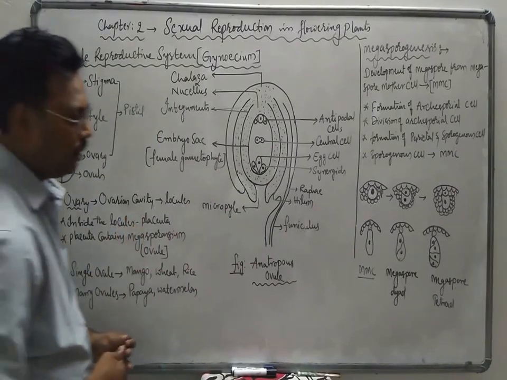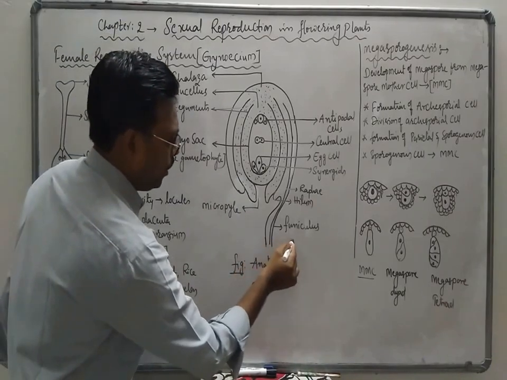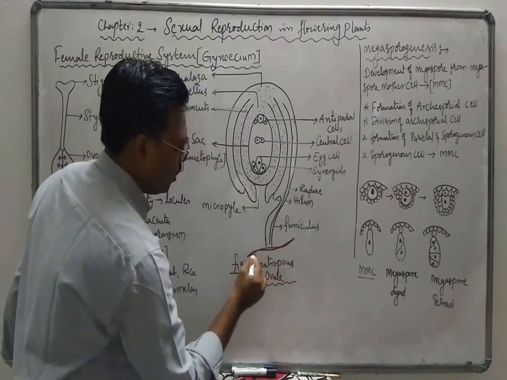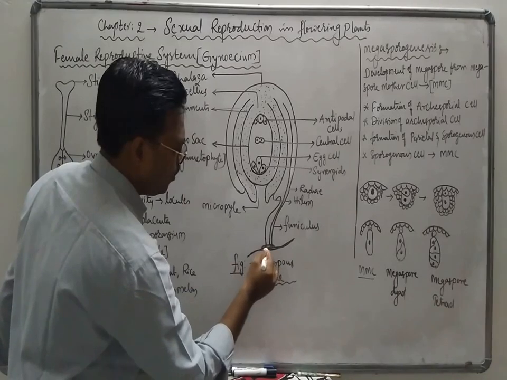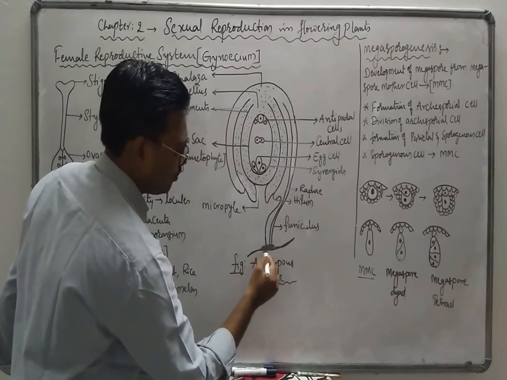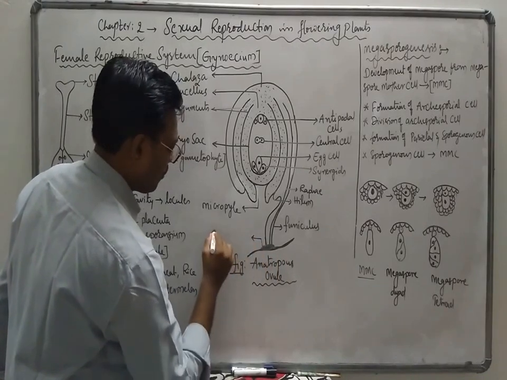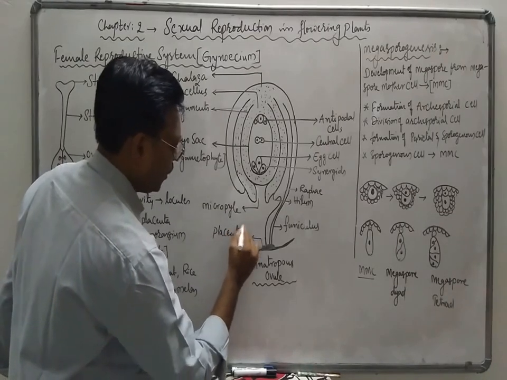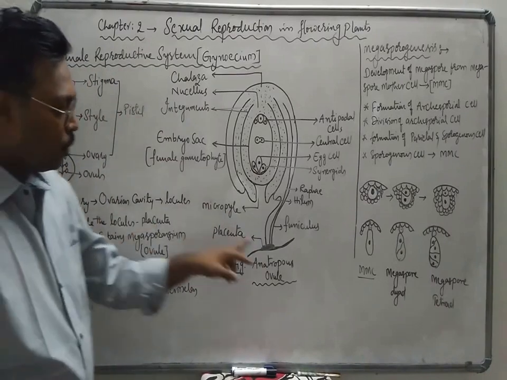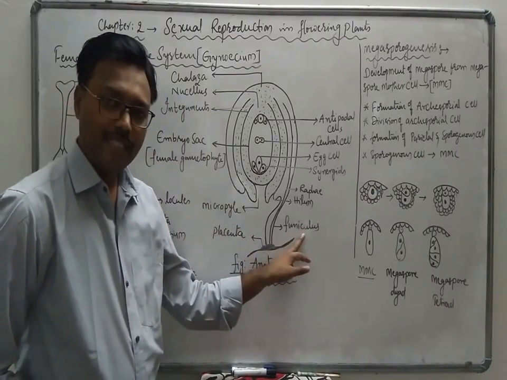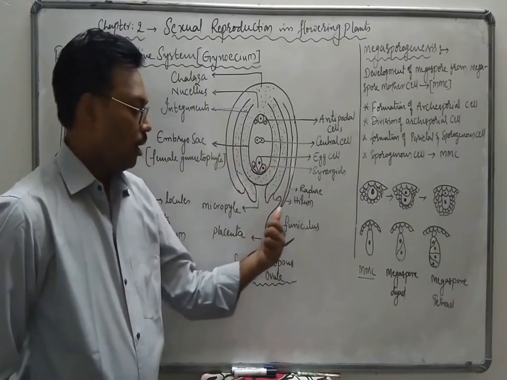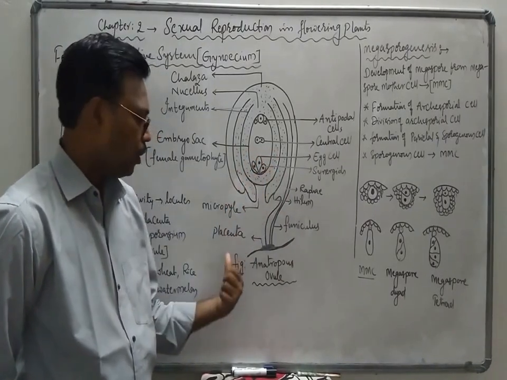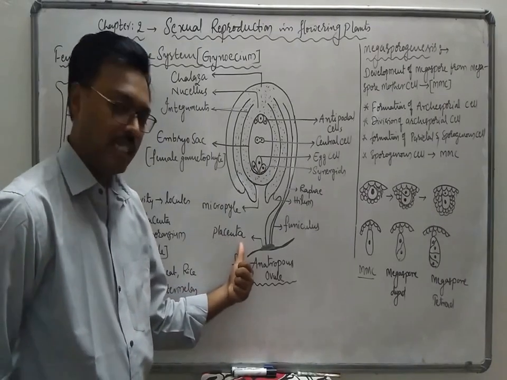If this is the ovary wall, then on the ovary wall this portion is the placenta. So the funiculus is the stalk of the ovule, and through this funiculus the ovule, the megasporangium, is attached to the ovary wall at the place of the placenta.